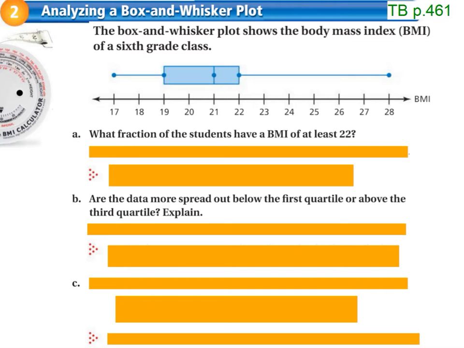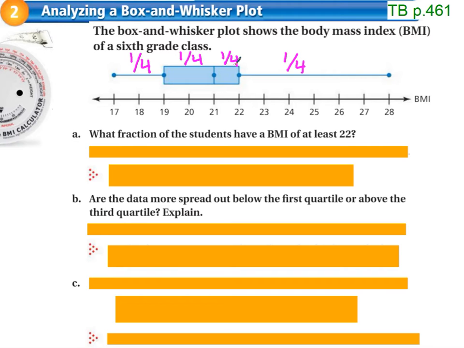Just like when we find the interquartile range, we're dividing it up into 4 sections. So 1/4 of the data is at the bottom whisker, 1/4 of the data is the top whisker, and then the other 2/4 make up the middle 50% of the data.